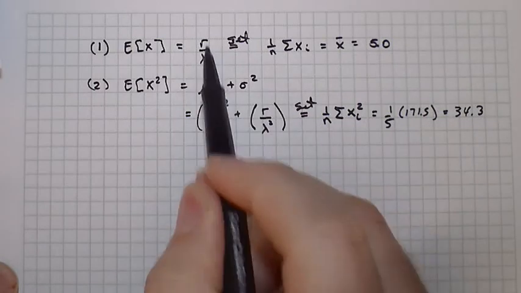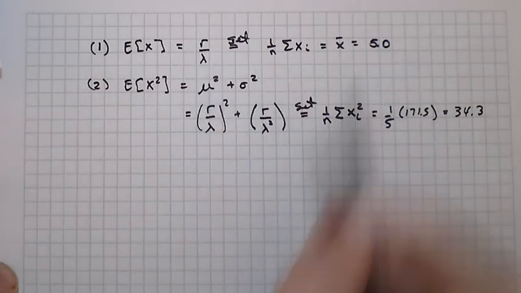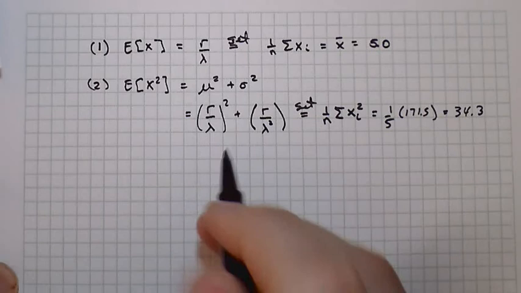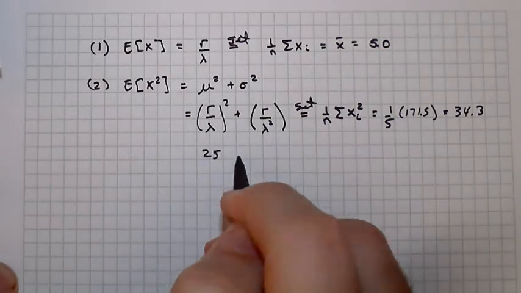We know that r over lambda is equal to 5, so square it, that's 25.